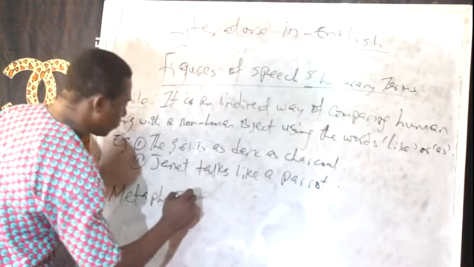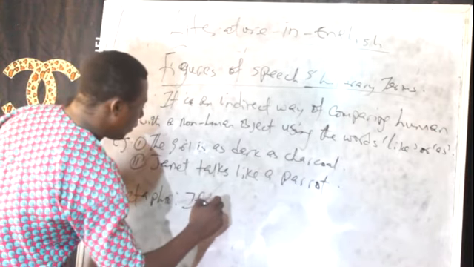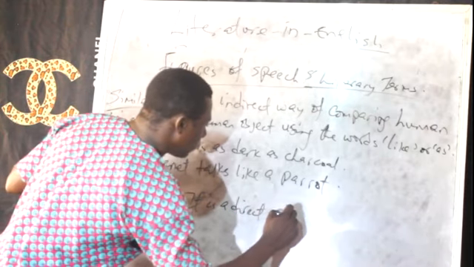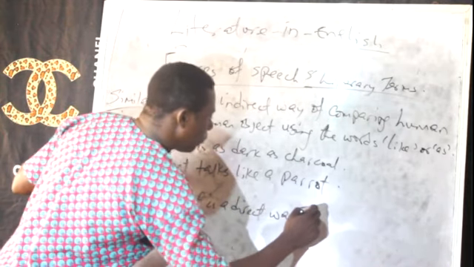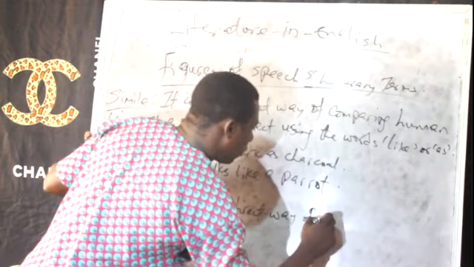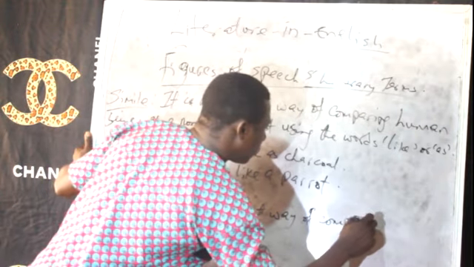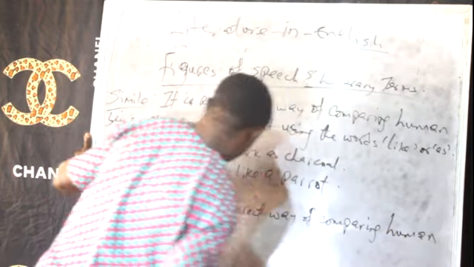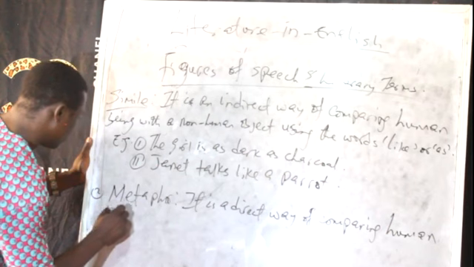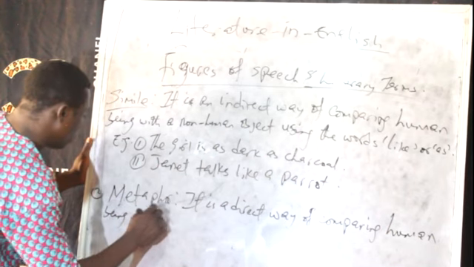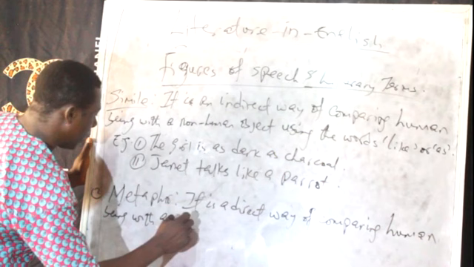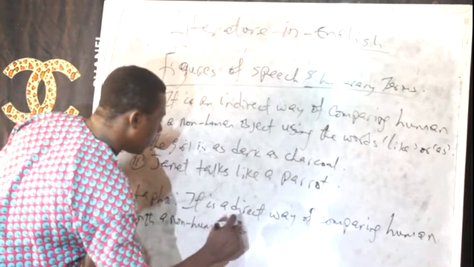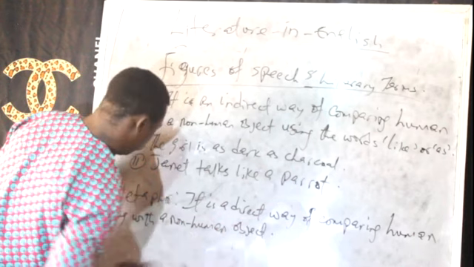So metaphor is a direct way of comparing a human being with a non-human object.